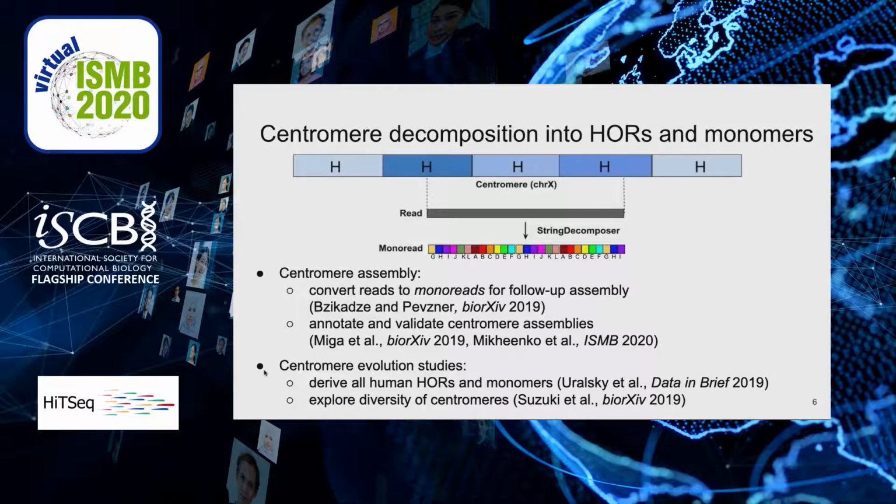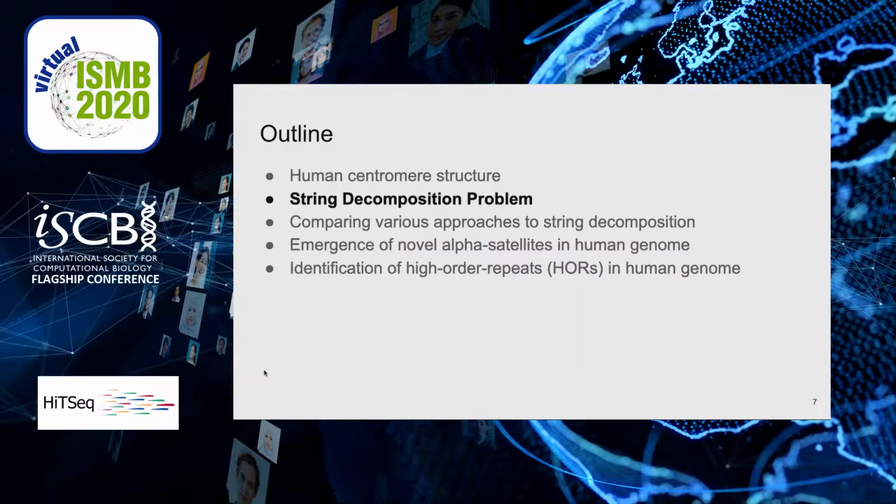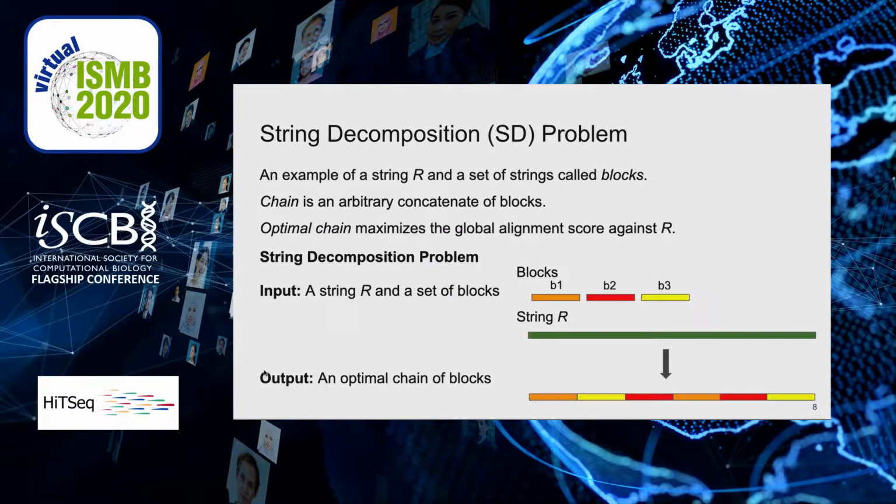It's also important for evolutionary studies, as it gives the opportunity to extract accurate monomers and HORs directly from error-prone reads without performing assembly.